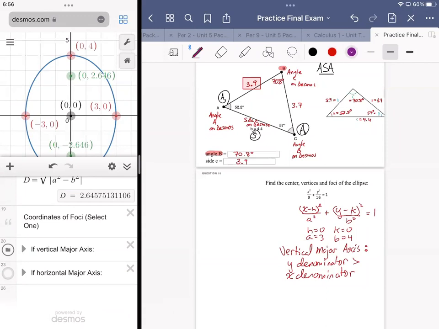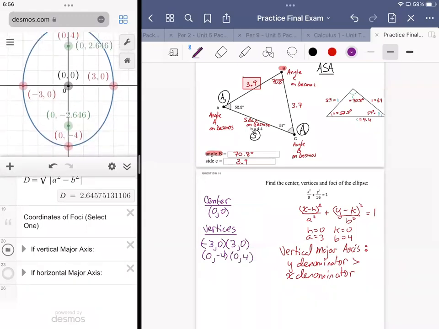So I'd have my center. Didn't really need Desmos for that, but 0, 0. The vertices: we have negative 3, 0 and positive 3, 0. You've got 0, negative 4 and 0, positive 4.